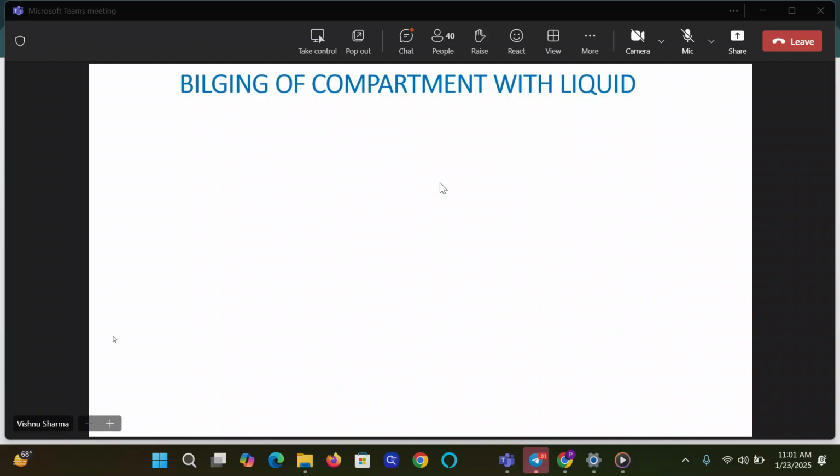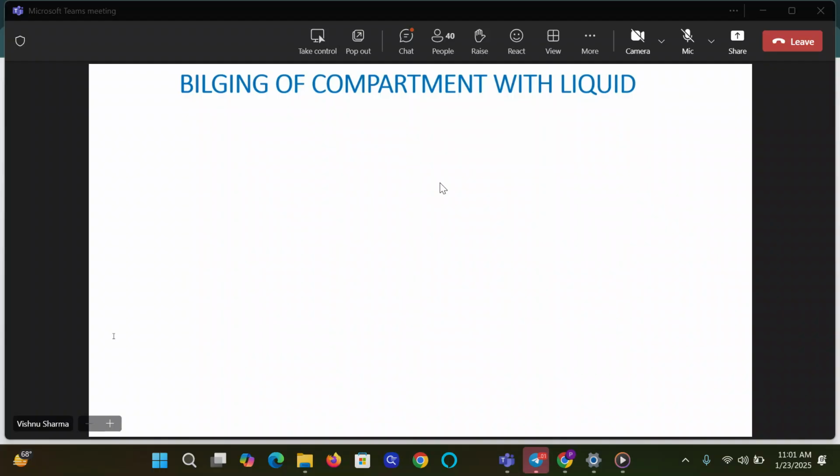And obviously, the tank content will be lost to sea. And what will happen? The seawater will fill up the bilged compartment. So, how do we find the GM in such cases, if the compartment which is bilged was carrying some liquid?